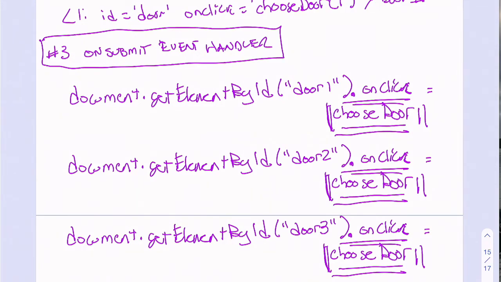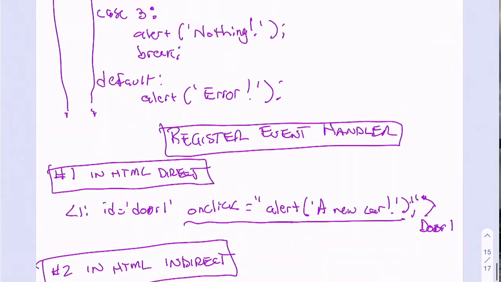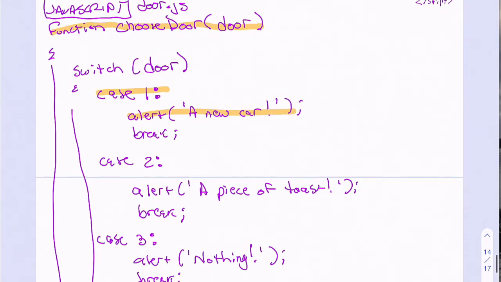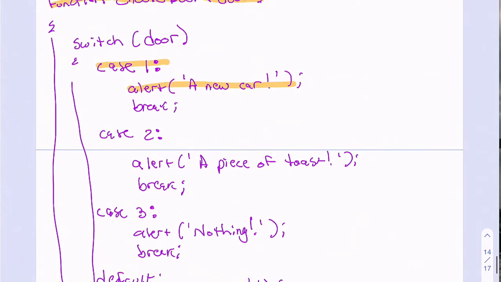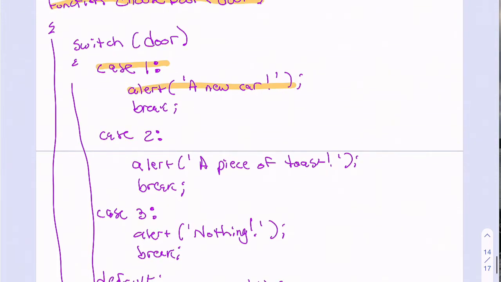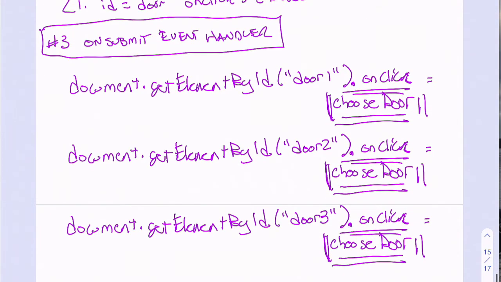The onClick event handler is going to be the JavaScript method choose door. Now I wrote the choose door method up here, which does the switch, but I'm actually going to modify it slightly, just slightly, and it'll work out great. So this choose door method is not quite what I need in order to get this last option to work.